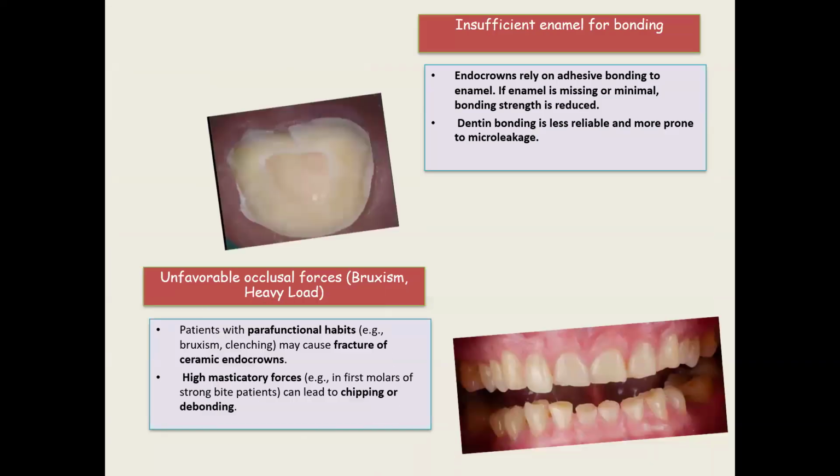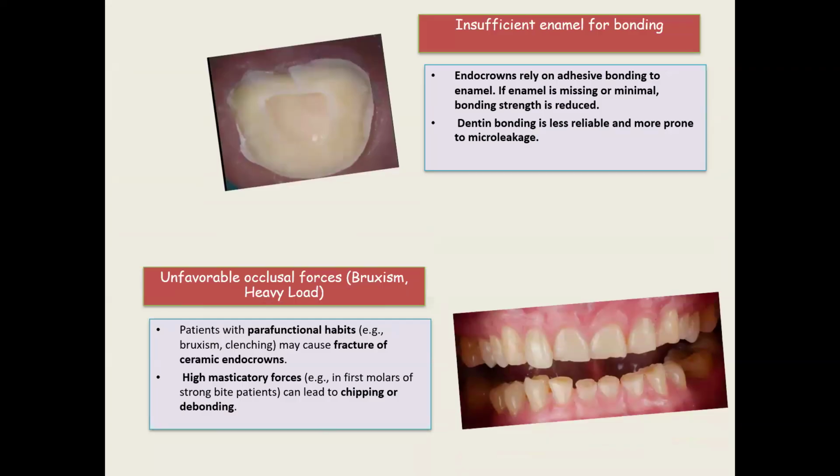Coming to contraindications, as I already mentioned, in cases of bruxism and heavy occlusal load patients, it will lead to unwanted occlusal forces, thereby leading to fracture of the tooth structure with the endocrown.